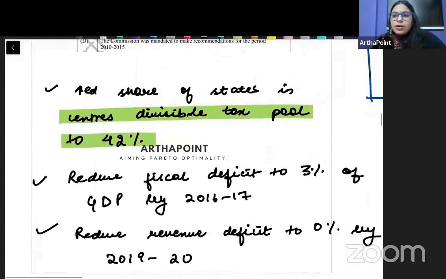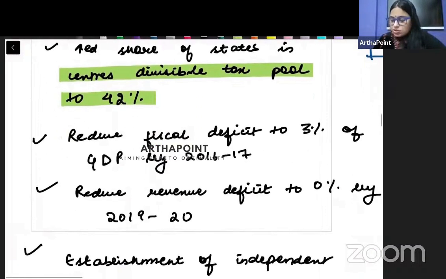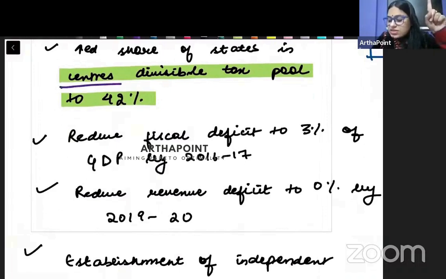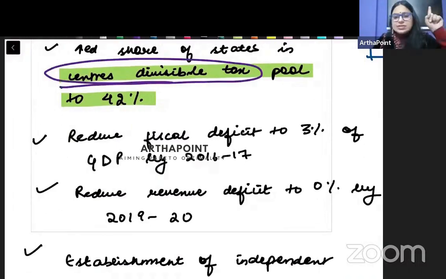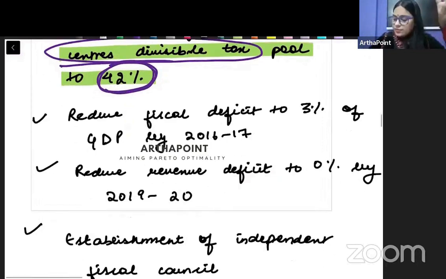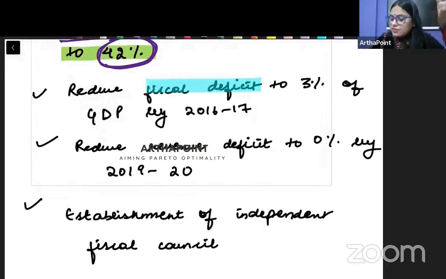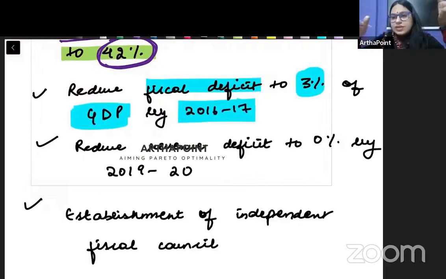When we talk about the 14th Finance Commission, it said that whatever is center divisible tax pool, मतलब वो taxes जो center और state को एक दूसरे के साथ मिलजुल के बांटने हैं, those taxes which they have to divide with each other, that should be raised to 42%. Second thing, reduce fiscal deficit to 3% of GDP by 2016-17.